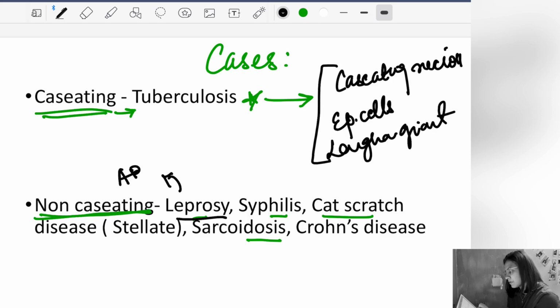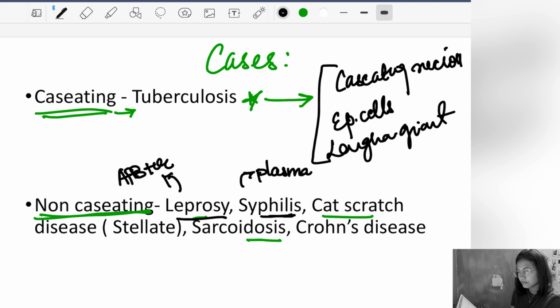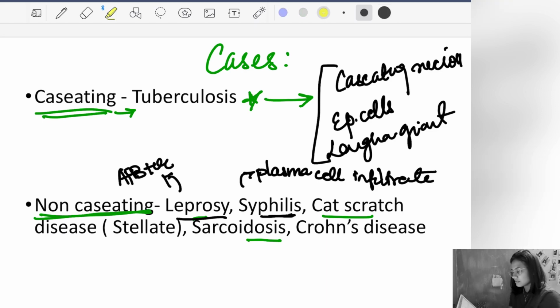So lepra will be positive here, acid-fast bacilli positive. And here in syphilis, what do we see? There are more plasma cells. Plasma cell infiltrate seen. And the granuloma seen in cat scratch disease is known as stellate granuloma, which contains predominantly neutrophils.